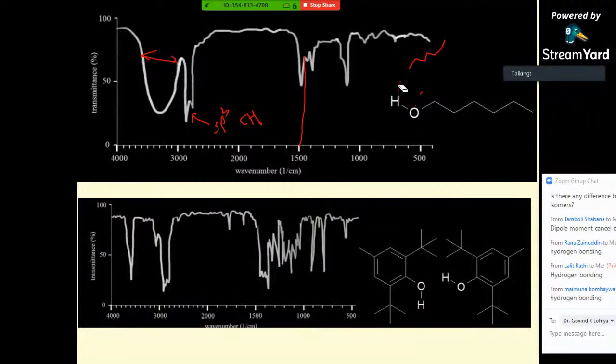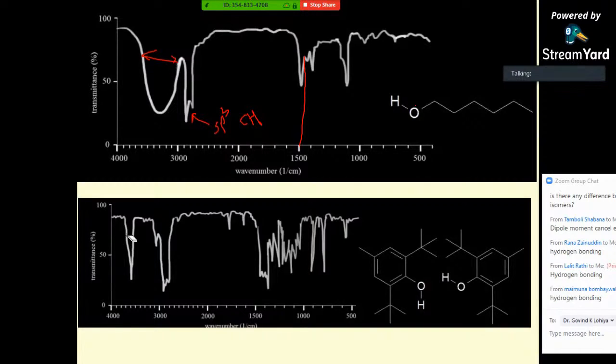But if you see the case below, these are again alcohols. This is also an example of an alcohol. So here, if you see carefully the spectra of these below molecules, I am just drawing the two molecules together.